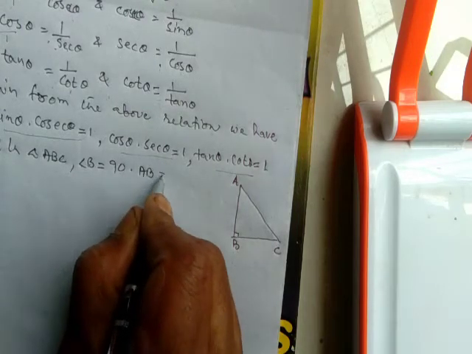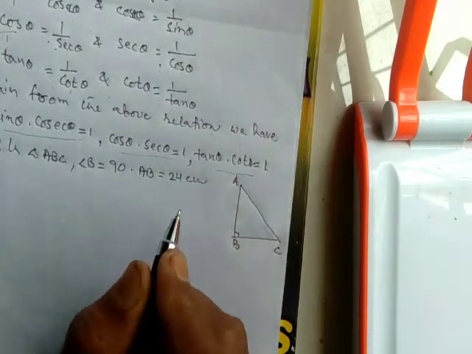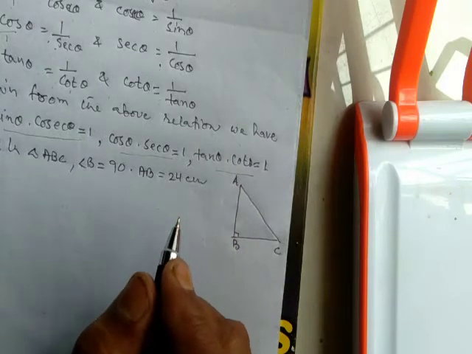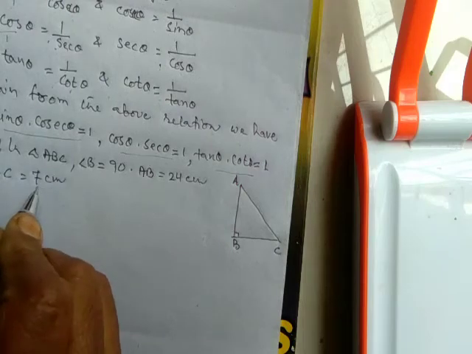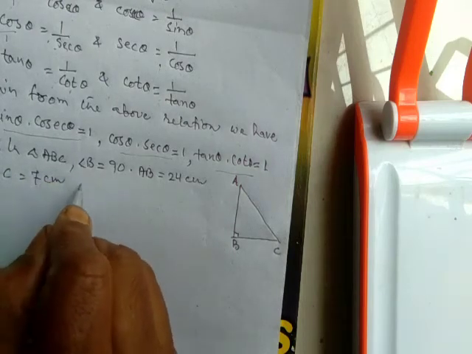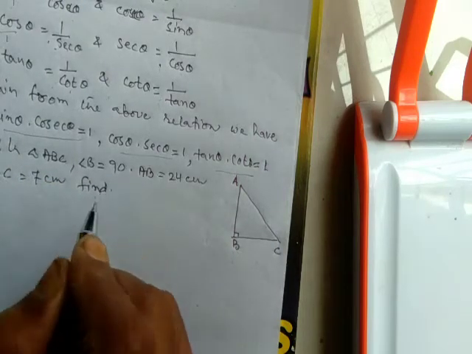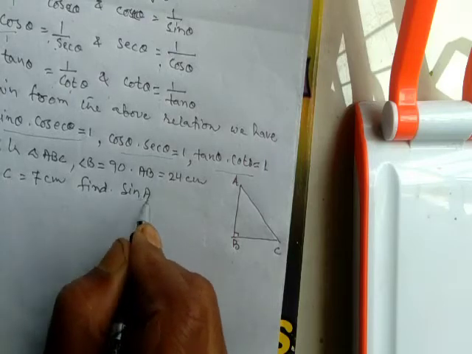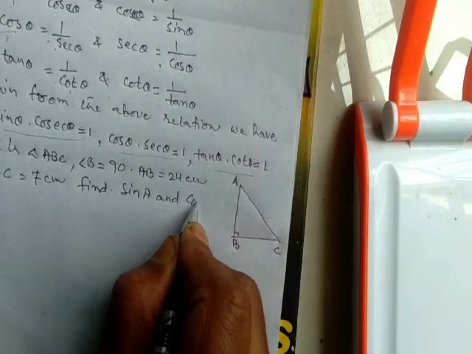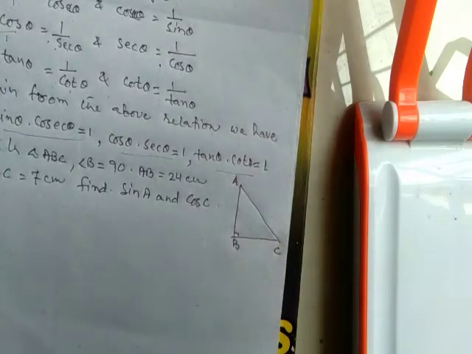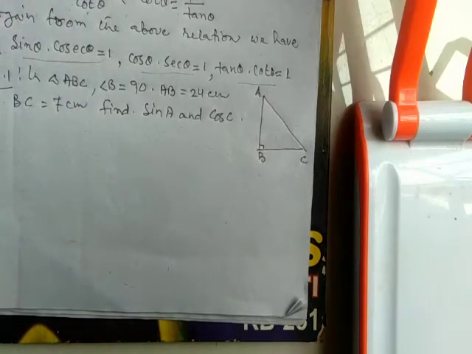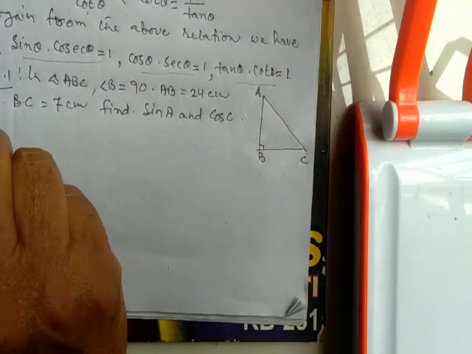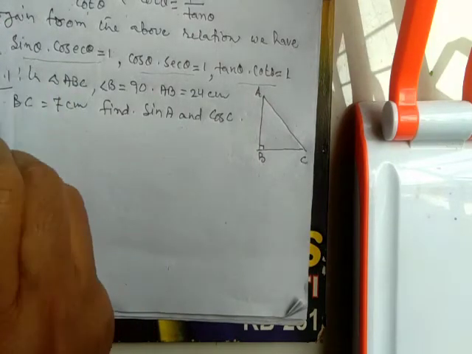Given AB is equal to 24 centimeters, BC is equal to 7 centimeters. Find sin A and cos C. Now, solution.